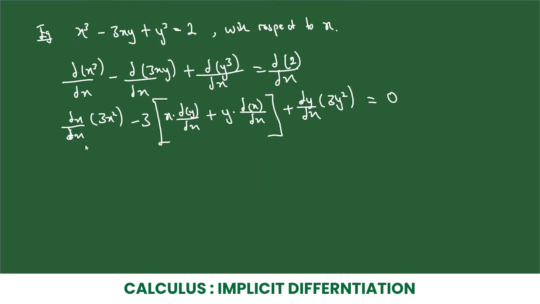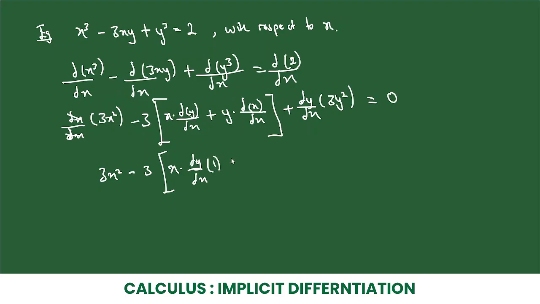So let's move to the next step. Here we have dx over dx, so it will cancel. So we are going to have 3x squared minus 3. Then we have our x here, and we are differentiating y, so dy over dx, right? And when you differentiate x, what do we get?